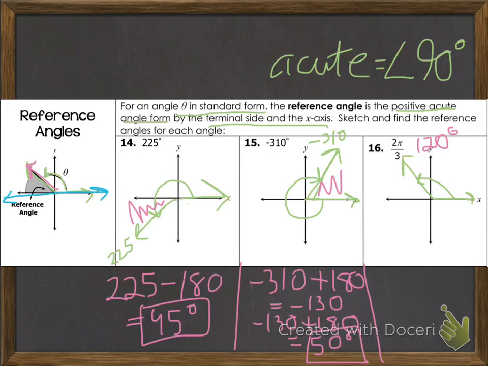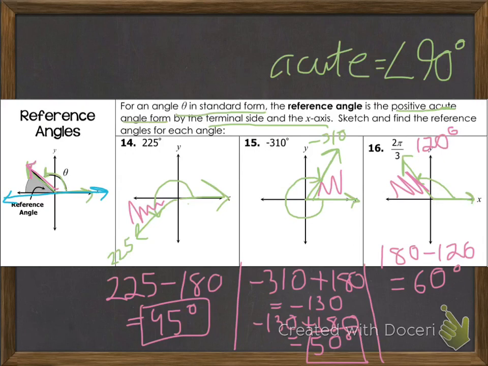So what we're going to do here, since we want this positive space right here, is just do 180 minus 120. Since the 120 is positive, we're subtracting again. So we're going to have 180 minus 120. And when you do that, you end up getting 60 degrees.